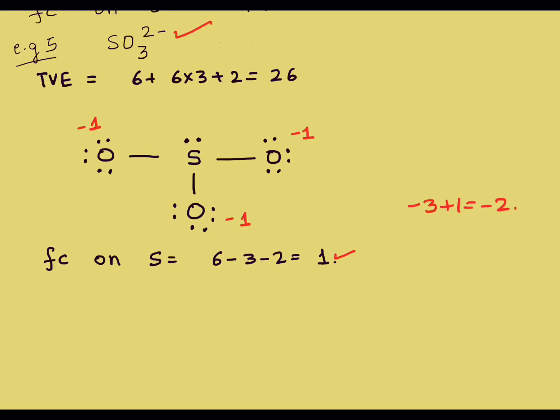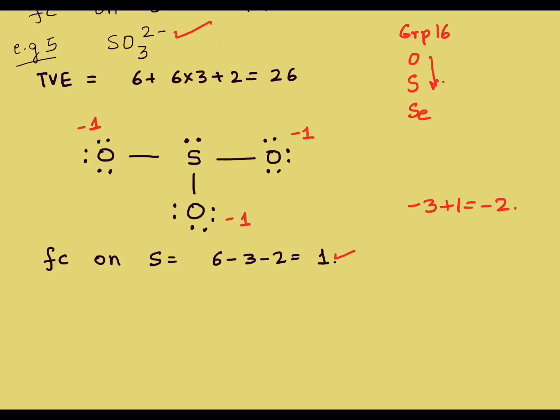Now we know, from our study so far, that sulfur is a big atom. You see in group 16 of the periodic table: oxygen, sulfur, selenium, tellurium, and so on. As you're going down, the size of the atom is increasing.